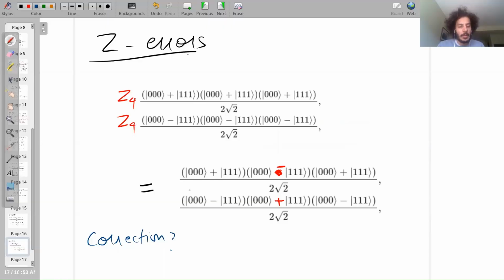Okay, so the correction is just Z4 or Z5 or Z6. It actually doesn't matter.